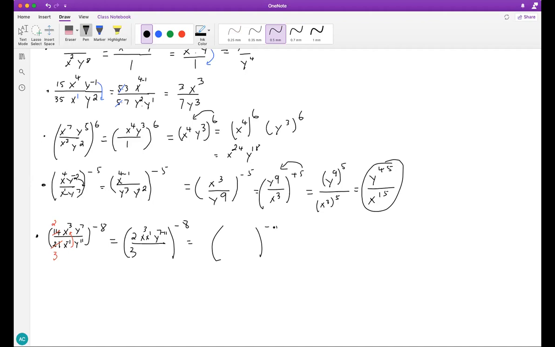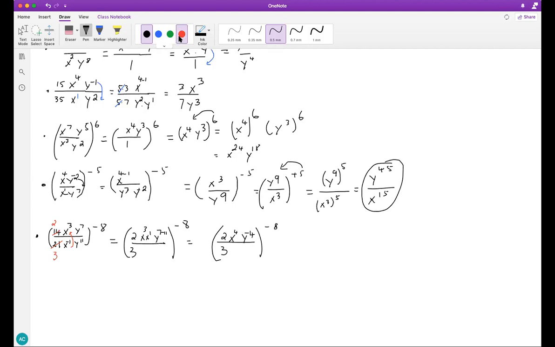Again, the power stays here. So we have 2/3, x to the third times x to the first would be x to the 4th, right? And 7 minus 11 would be -4, that's right.